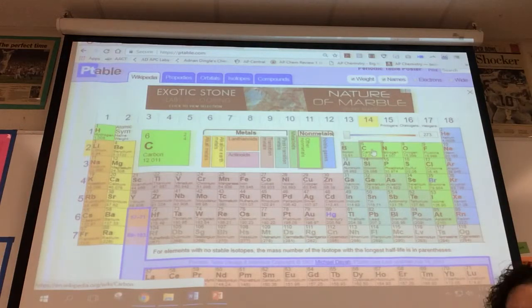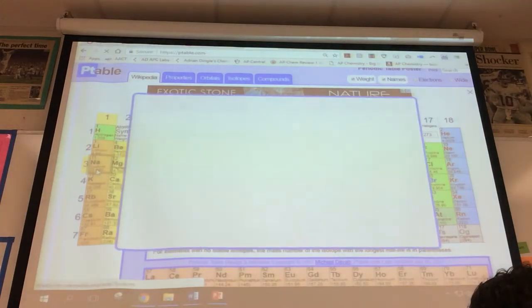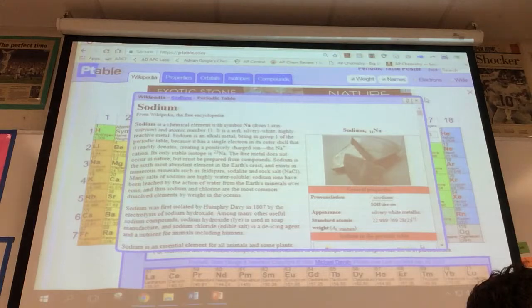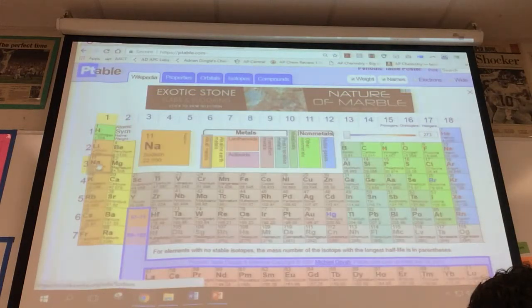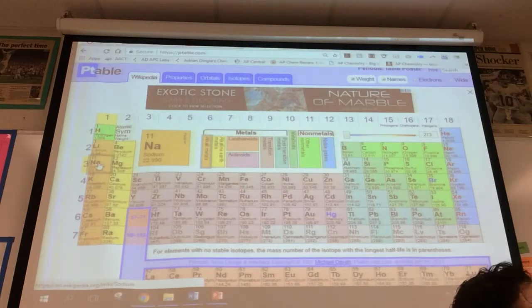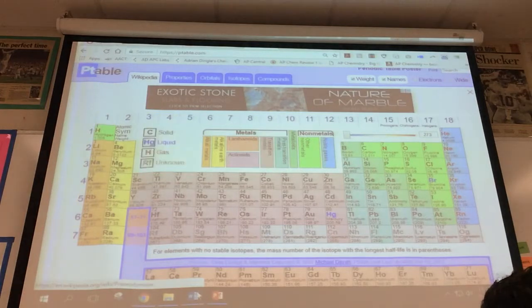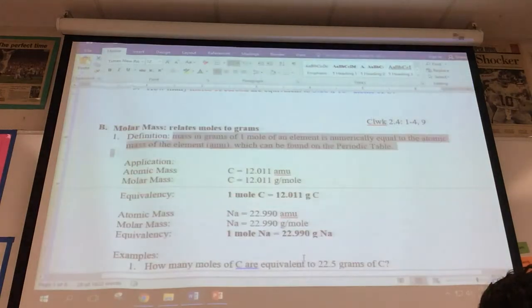We had sodium, for example. Sodium's atomic mass is 22.990 AMU, or we could say 22.990 grams per mole, or 1 mole of sodium is equal to 22.990 grams of sodium.